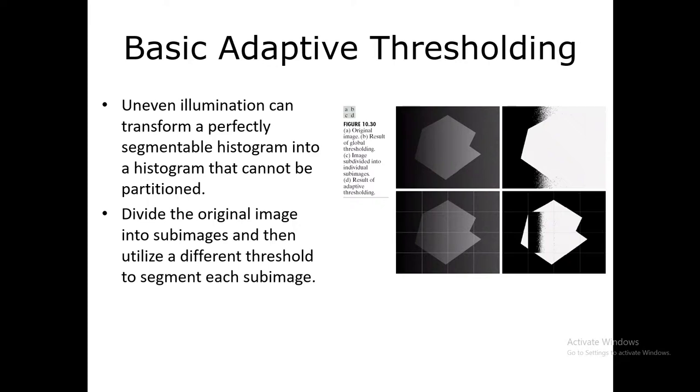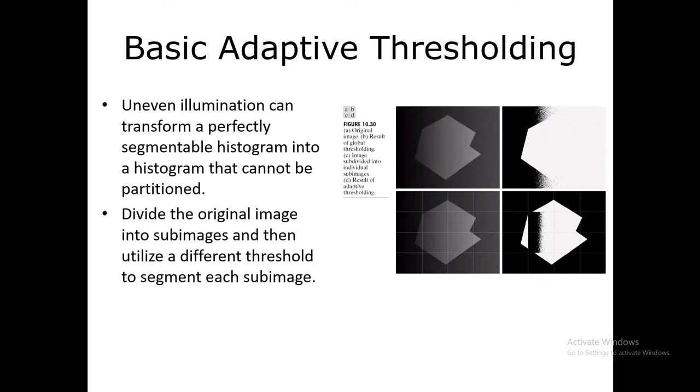We can see here that the illumination pattern is not even; it increases gradually, and this image could be partitioned easily otherwise. But if we use histogram-based segmentation, the segmented image looks like this on the right side, which is not partitioned properly.